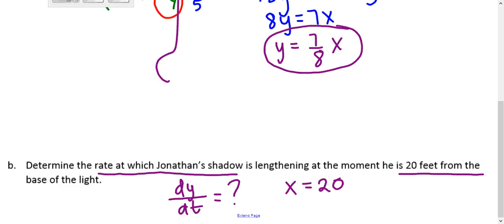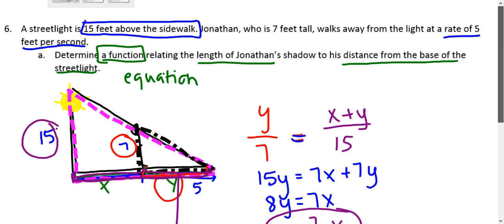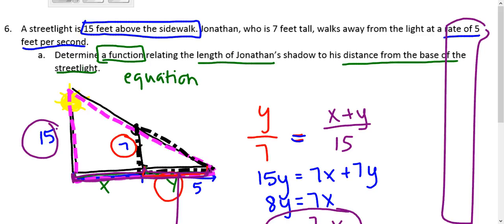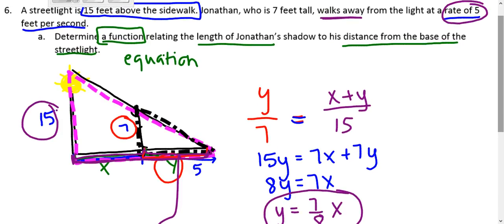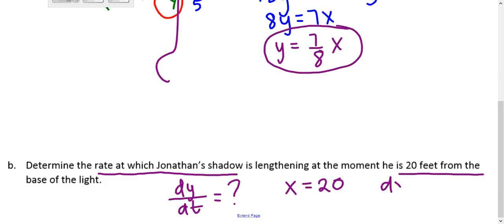If you look back up at the very original problem, you have to be careful because sometimes this information is all over the place. We have a rate of 5 feet per second, and that is him walking away. So the rate at which x is changing, dx dt, is 5.